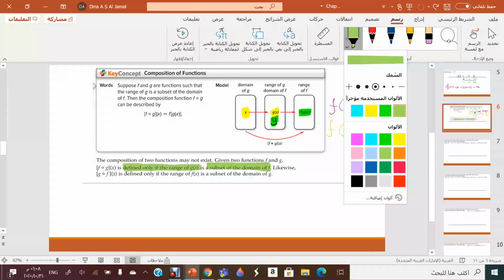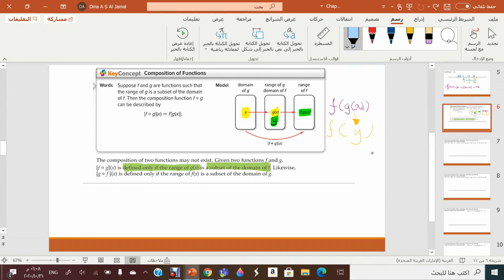And g o f means it is the composition between g and f. It is only defined if the range of f of x is a subset of the domain of g. So let's now pay attention to these words.